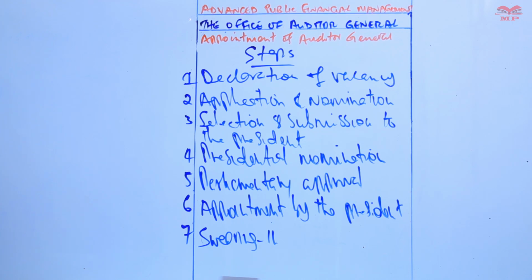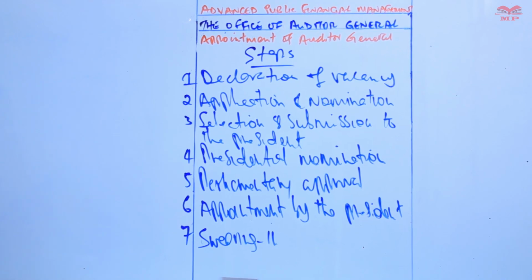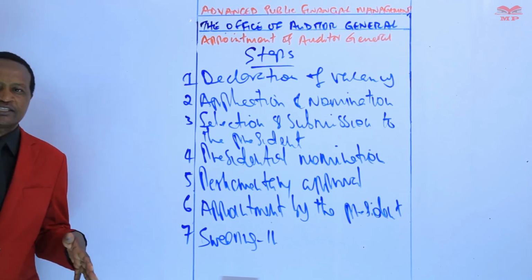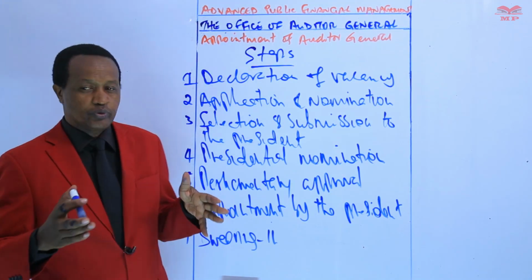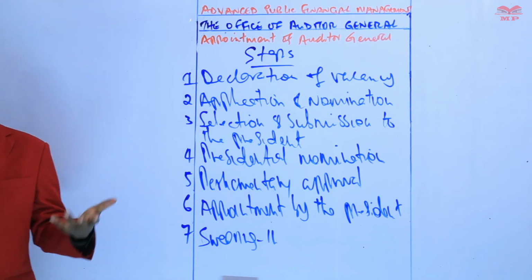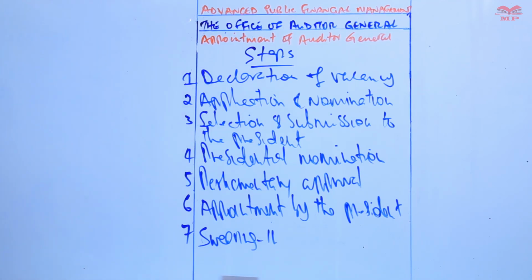So this provision, along with the constitutionally protected independence of the office and the robust appointment process involving both the executive and the legislature, is intended to enable the Auditor General to discharge their mandate without fear, without favor, thereby strengthening public financial accountability in Kenya.